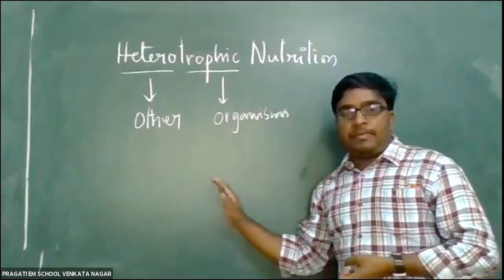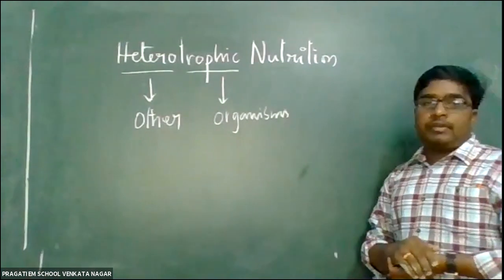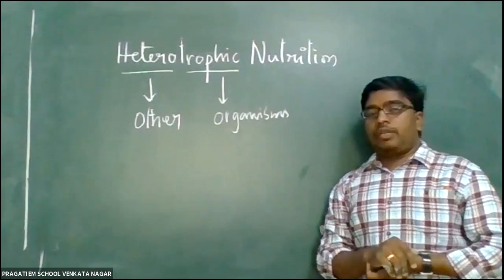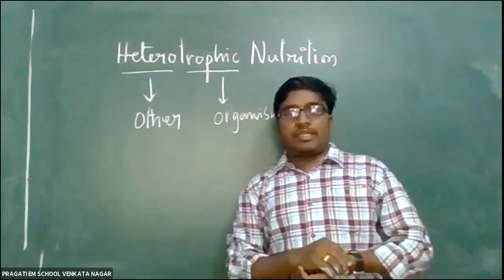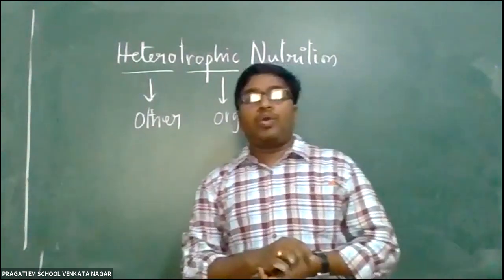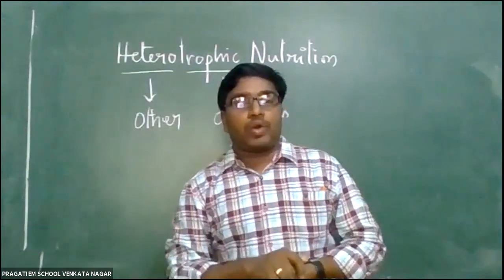The organism depends on other organisms. In heterotrophic nutrition, the organisms which depend on other organisms are called heterotrophs.